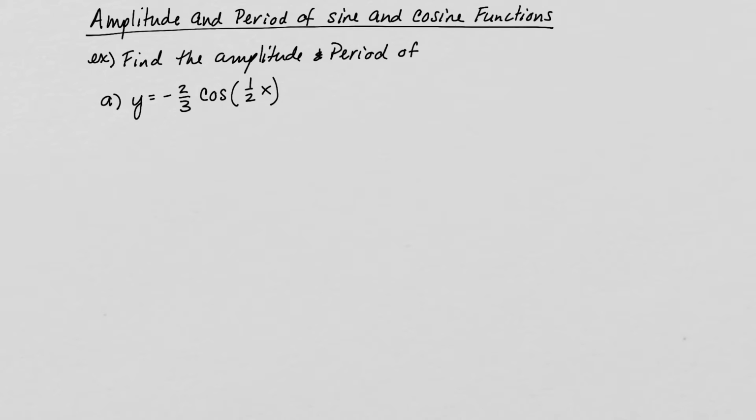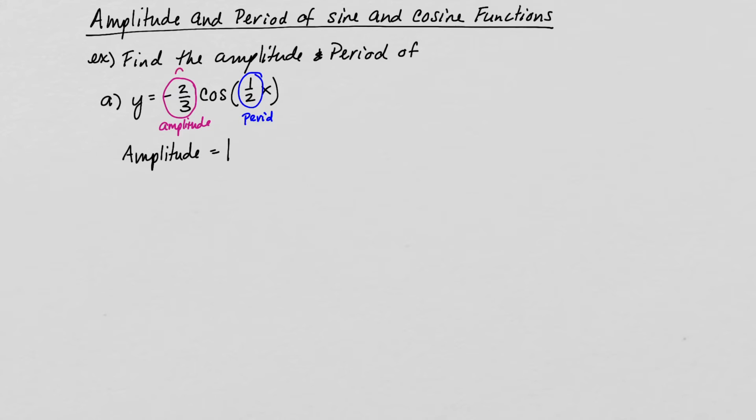So the important thing is remember the amplitude comes from this part. So this part's dealing with the amplitude, and this part here in front of the x is dealing with the period. Now these are not telling you the amplitude and the period. We have to actually figure that out. So remember, the amplitude is equal to the absolute value.